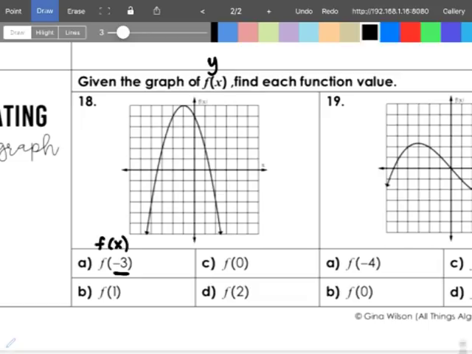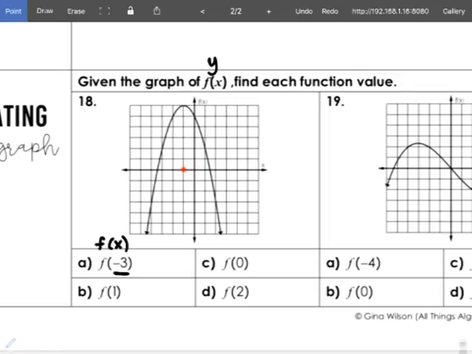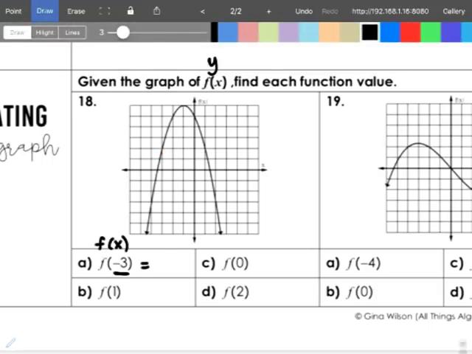So we're going to go to negative 3, and we're trying to find the y from that point. So here's my negative 3 for x. 1, 2, 3. That's negative 3 for x, right? Find y. Well, at negative 3, where does the graph hit? It hits at 2, right there. Positive 2. So my answer for this is 2.